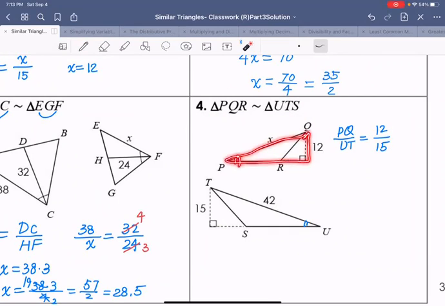You have this angle equal, and you have this angle equal. For these two triangles, you have two pairs of angles correspondingly equal. So these two triangles are also similar. As long as you have two pairs of angles congruent, your AA applies, correct?